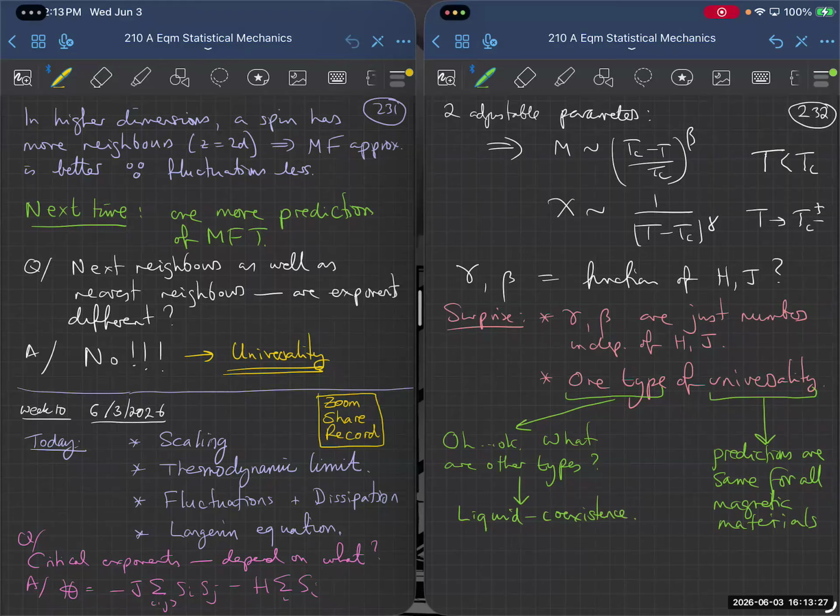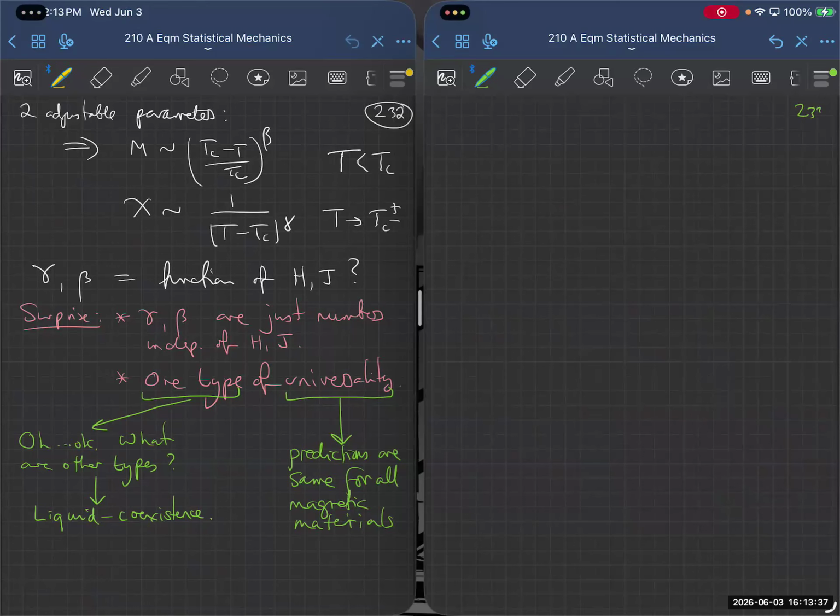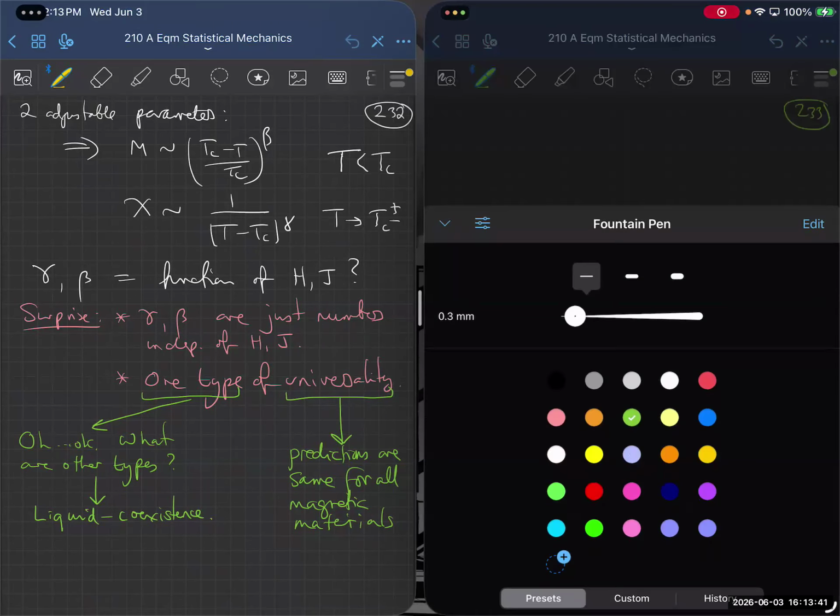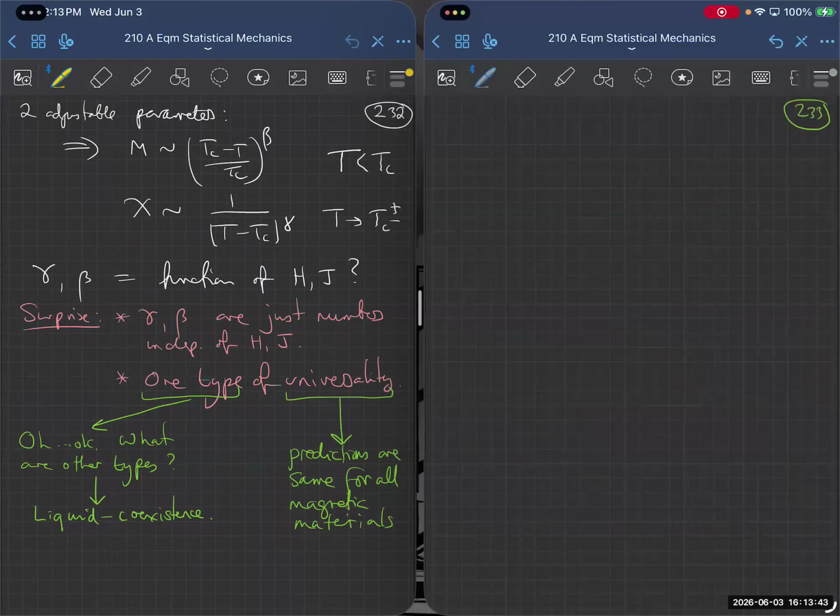Okay, so you're going to say, wait, what are you talking about here? We're talking about magnets here, not liquids and gases. Okay, but hear me out. Let's remind ourselves what the liquid gas coexistence curve was. If you remember, what we did was we drew a picture that looked something like this.